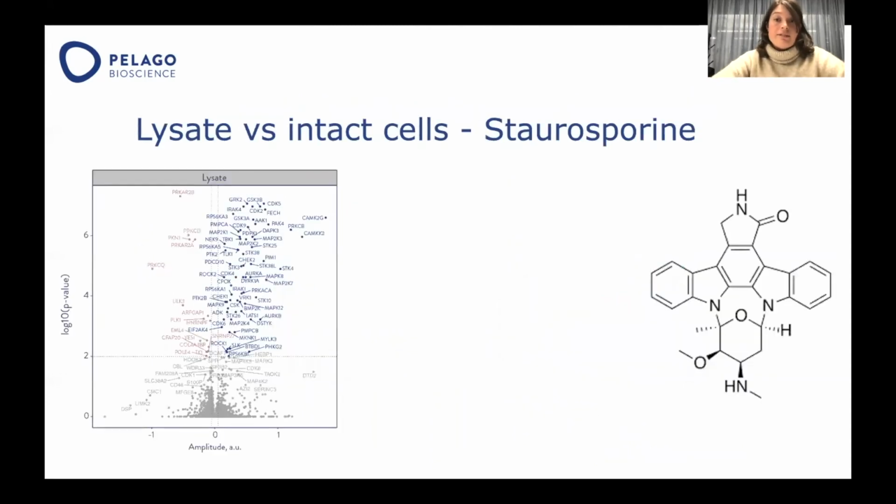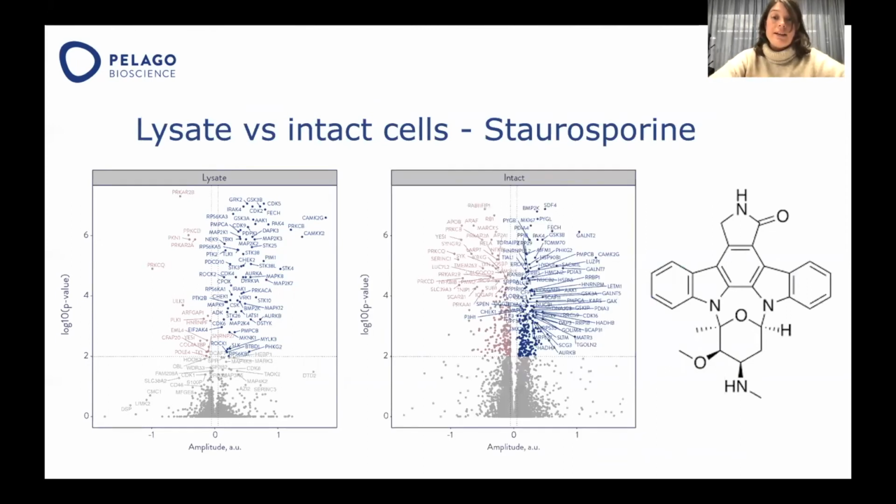Another example is this case, where we have profiled staurosporine. This is a pan-kinase inhibitor, and it's no surprise there are many proteins being affected in the lysate. A majority of these proteins are kinases. Adding to this, the data in intact cells show even more proteins being affected.